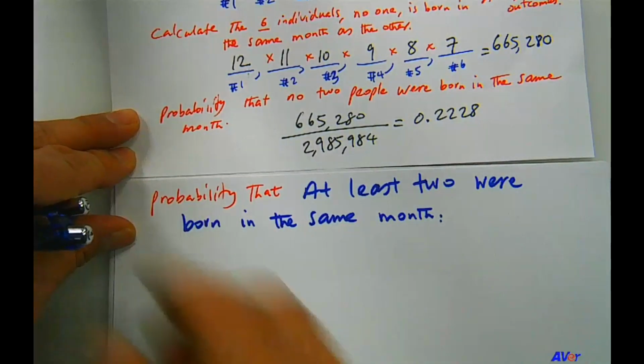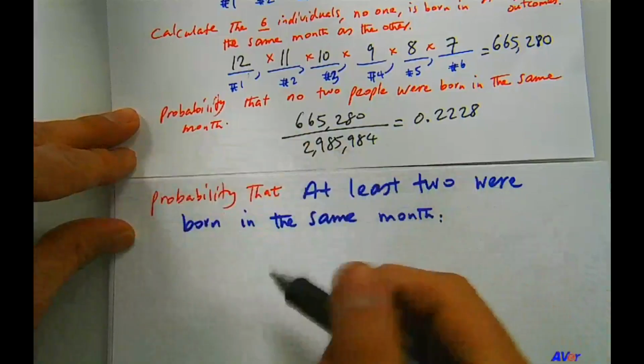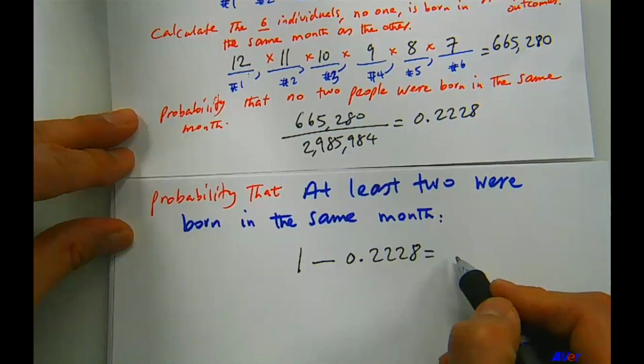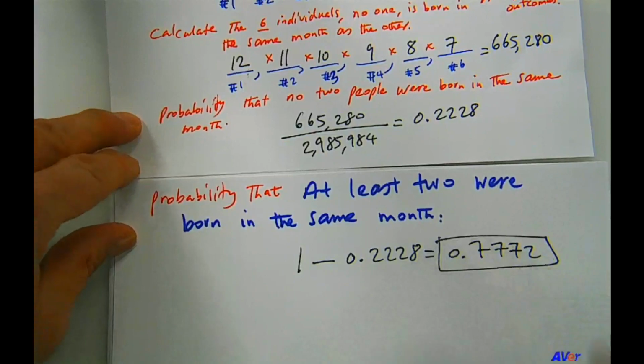All right? So we say, 1 minus 0.228, and we have 0.772 as the probability of that.